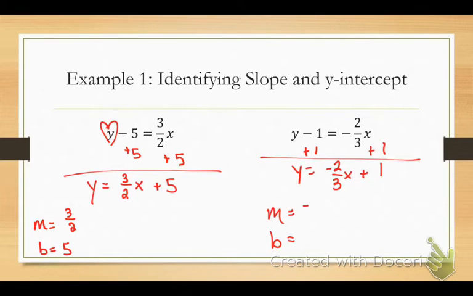So m equals, say it with me, -2 over 3. b equals 1. Okay, so if I were to graph this, where does my first point go? On a 1 on the y-axis. The y-intercept is 1. Then where would I go from there? Down 2 over 3.